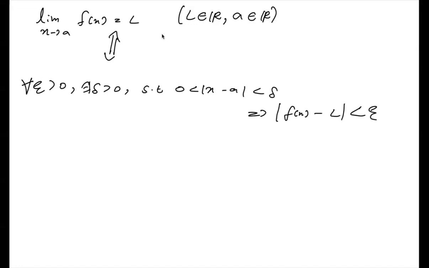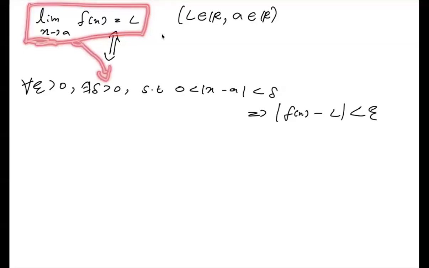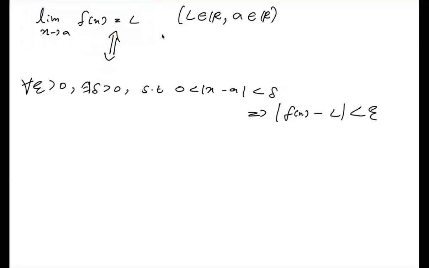In other words, if you are given a question to prove a limit, you have to prove that this definition holds. Let's take a very basic example: the limit as x goes to 1 of x plus 1, which we know is 2.